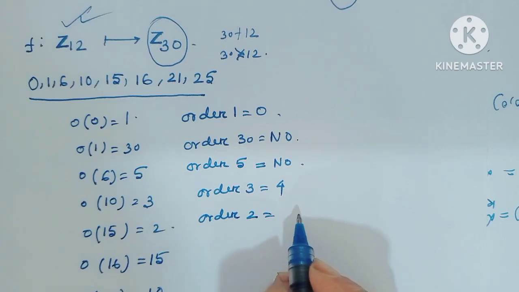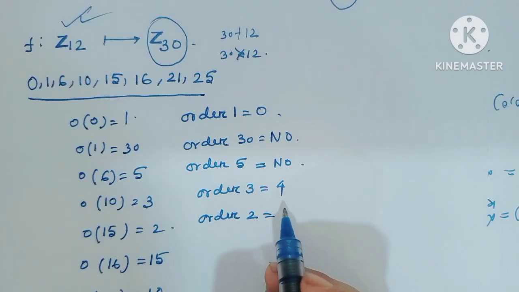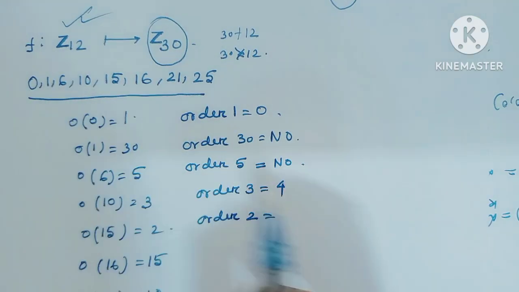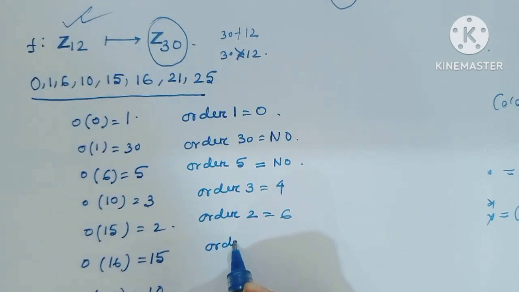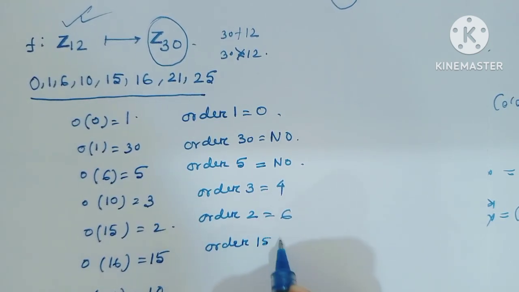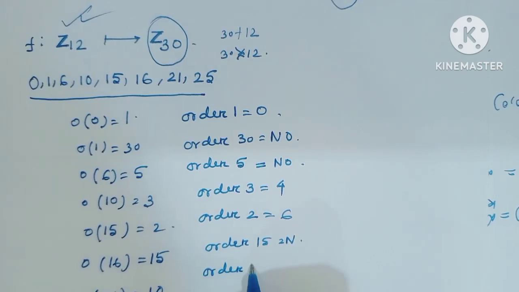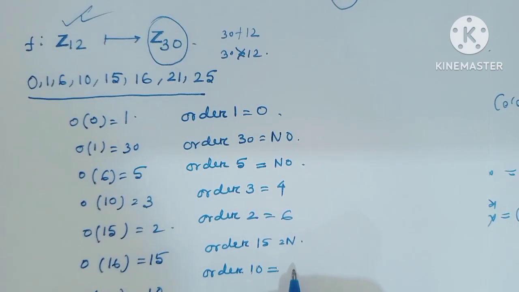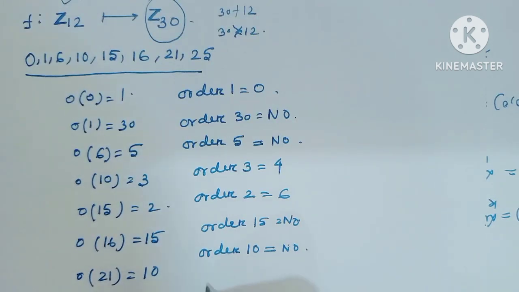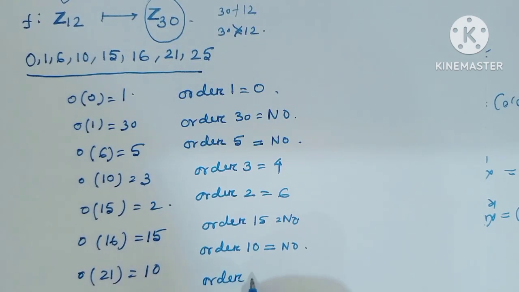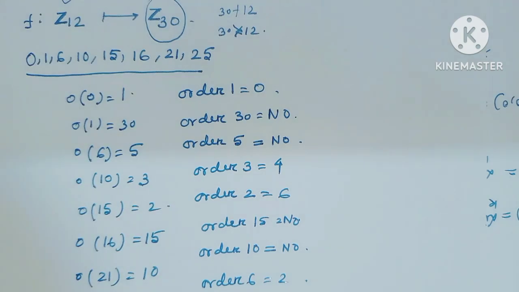Order 2: there exists an order 2 element in Z12, and this is 6. Order 15: no. Order 10: there exists no element of order 10 in Z12. Order 6: yes, and this is 2.